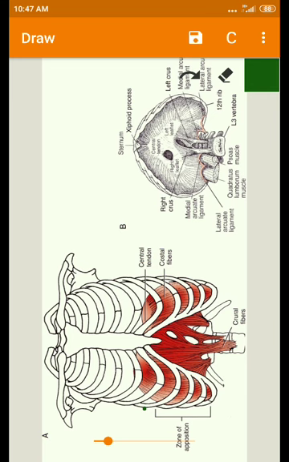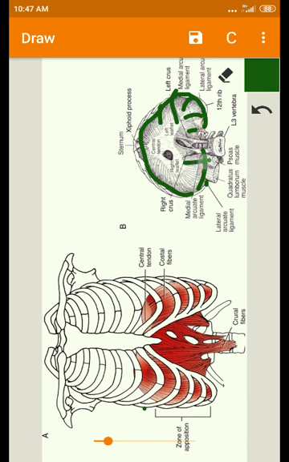The next one is the contractile component. This is the second component. It is a circular margin around the central tendon, of radially oriented muscle fibers.